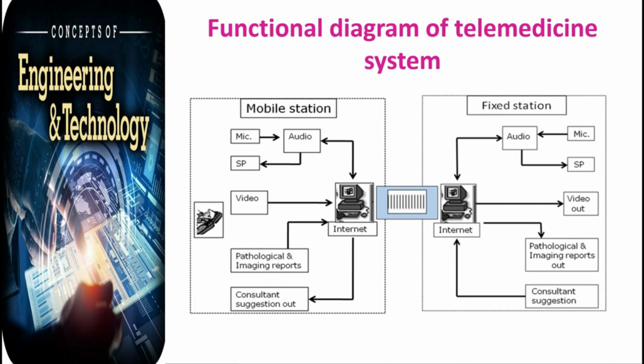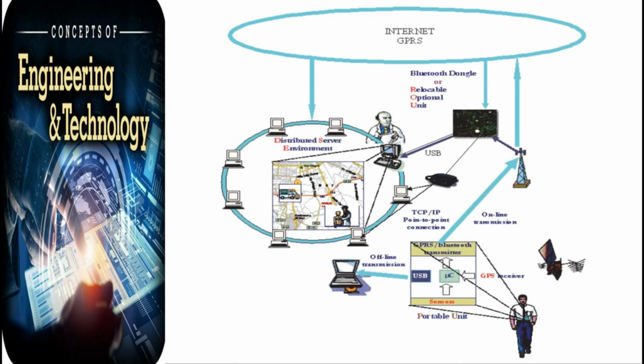So you can see that through internet connectivity, we have connected the entire information to the doctors. Okay, so we are using the internet GPRS. We will be identifying the different locations.